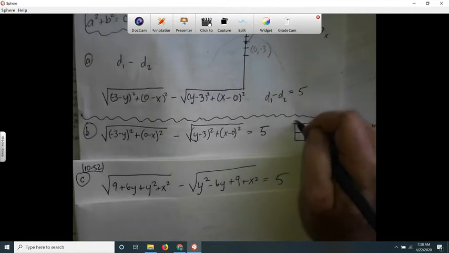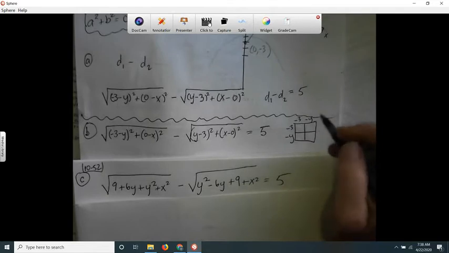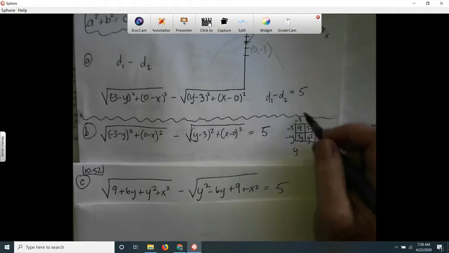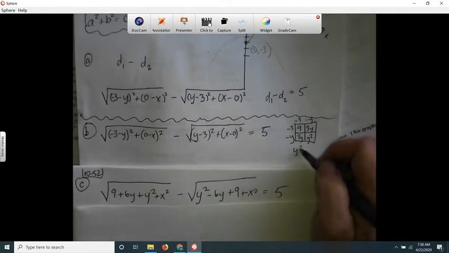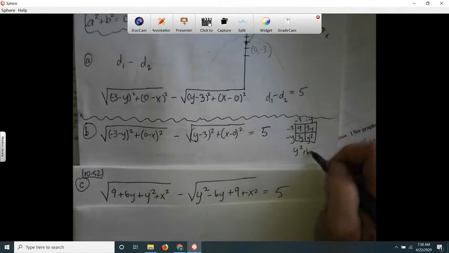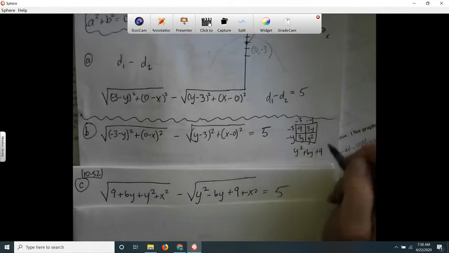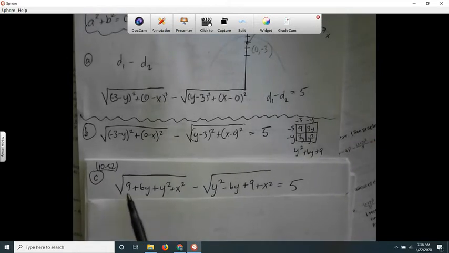Negative 3 minus y times negative 3 minus y gives me a 9, 3y and another 3y, and a y squared, which comes out to y squared plus 6y plus 9.